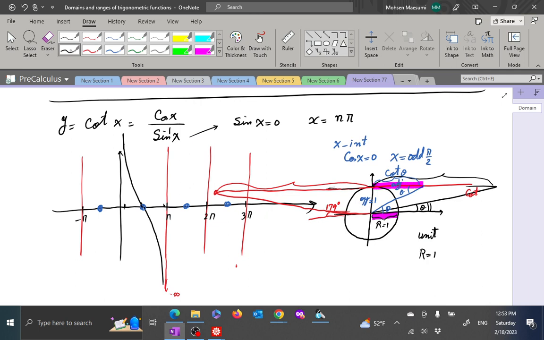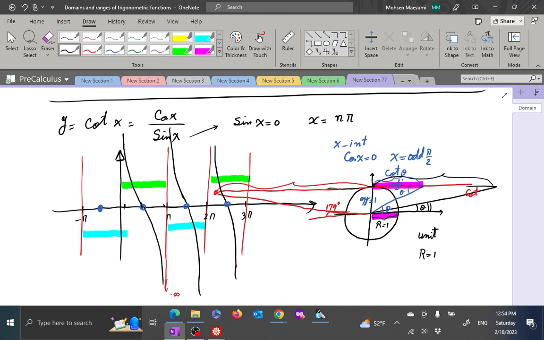So again, one of the things about cotangent is that its period is just pi. So your cycle here finishes the cycle. The next cycle starts at pi, and then another pi, and so on.